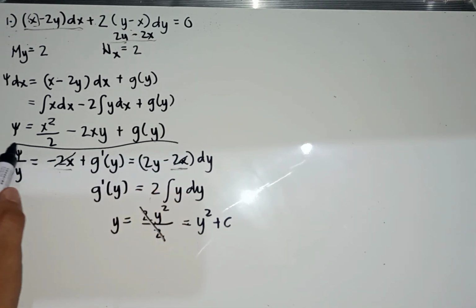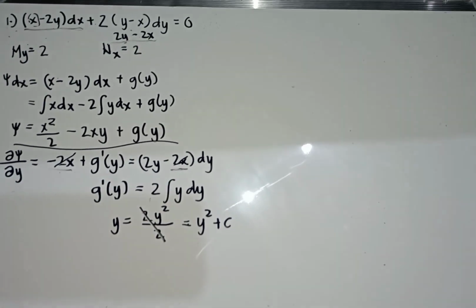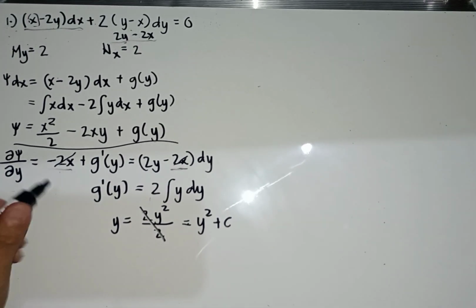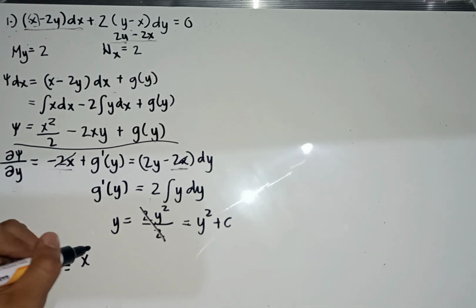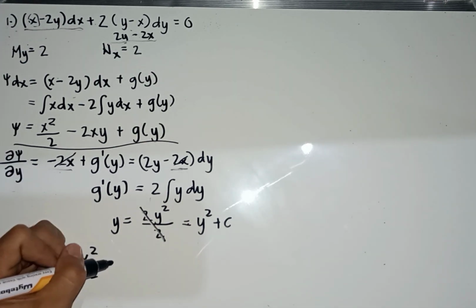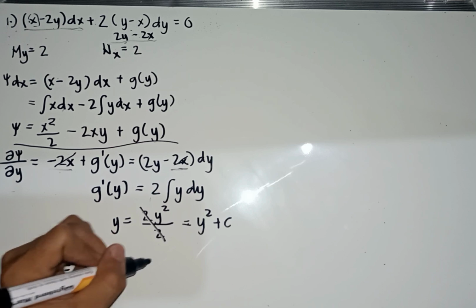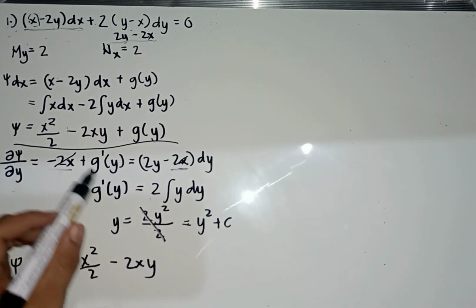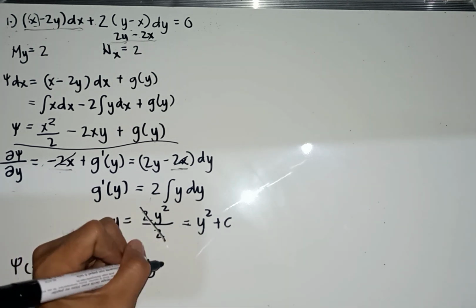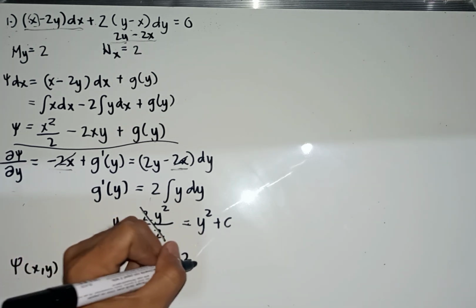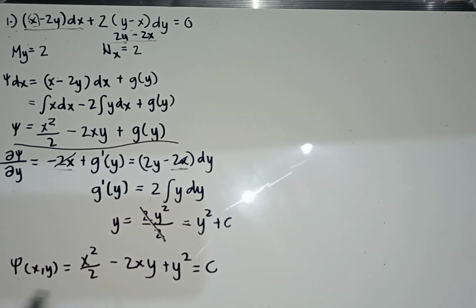Just copy this in order to get the general solution: psi of x and y is equal to x squared over 2 minus 2xy, and then our g of y value, which is y squared, is equal to c.